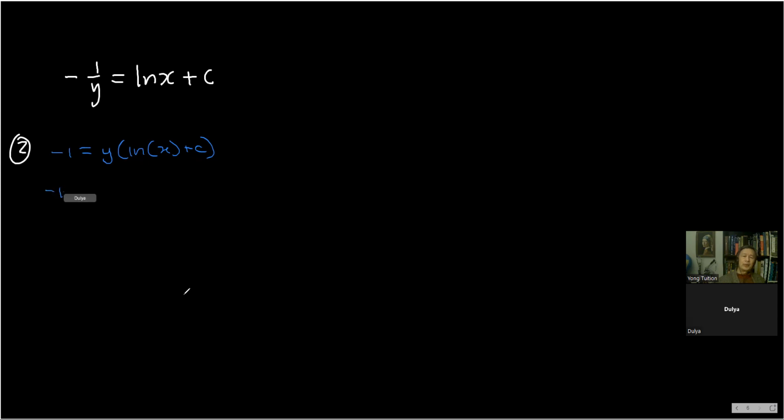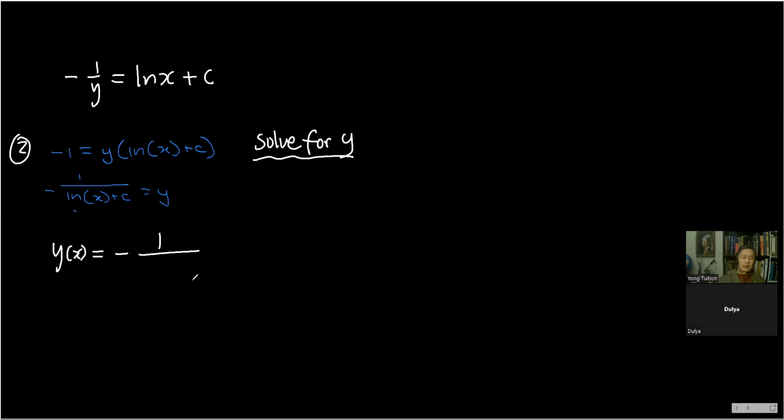Not negative. We need to solve for y, or find the formula for y. Yes. Y equals. Can we put y on the other side? That is the final result. Can you see? Okay. Doesn't matter.